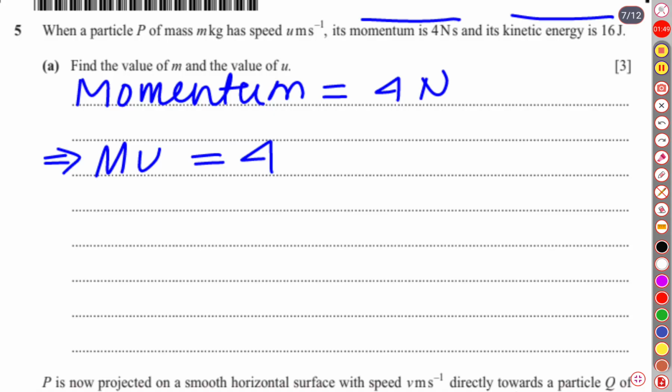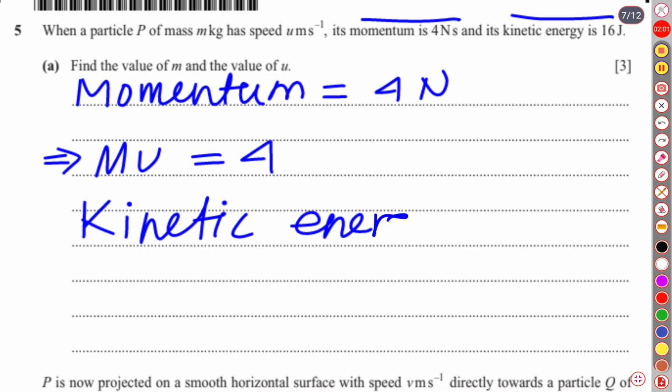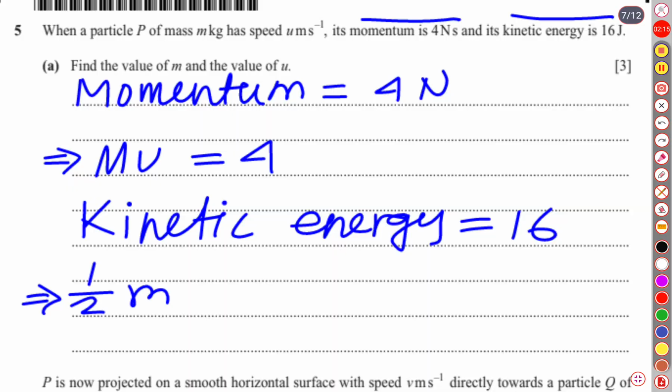So we can write kinetic energy is equal to 16 joules, and we know the formula of kinetic energy is half mv squared, so half mv squared is equal to 16.